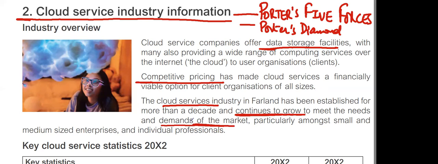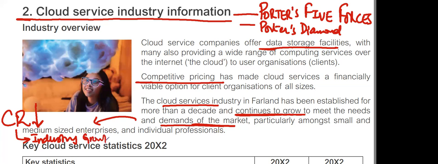The demand is increasing. So this is a sign of, for instance, less competitive rivalry, because when the market is growing, when industry growth is high, that means competitive rivalry is low. So this is a takeaway that you need to take from here.